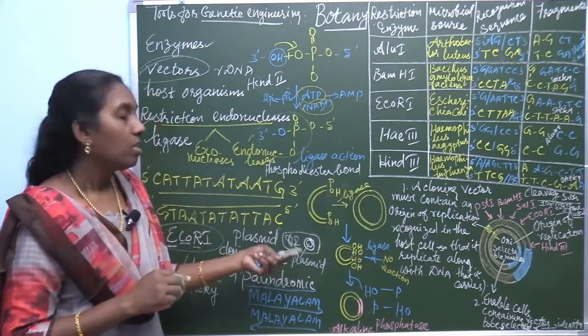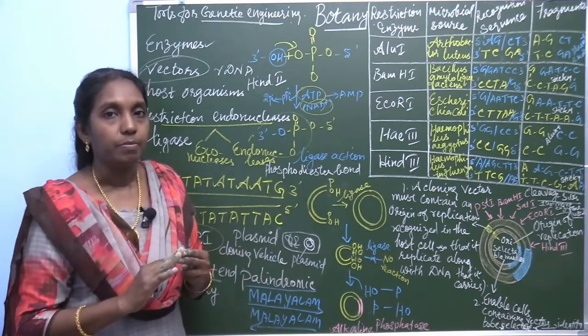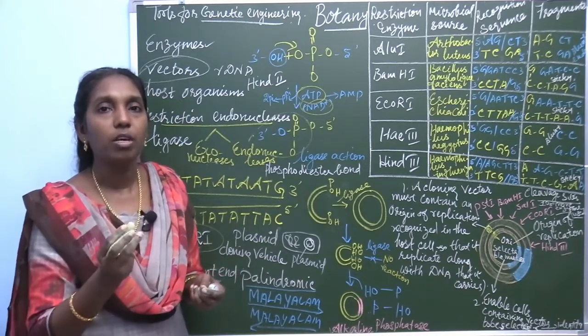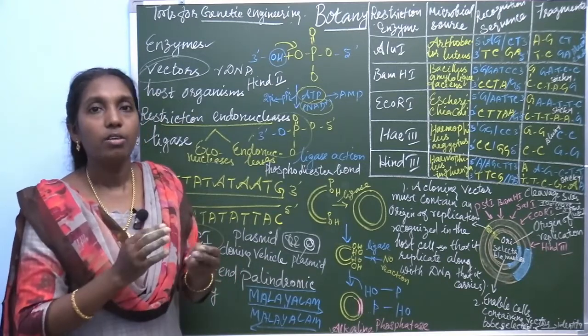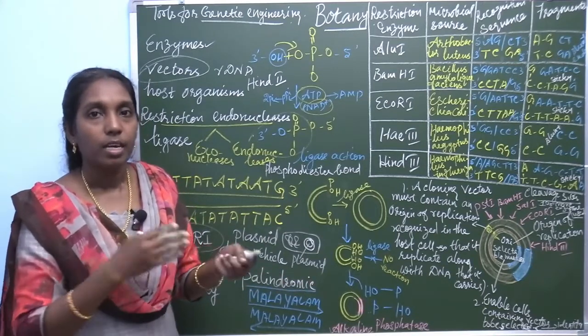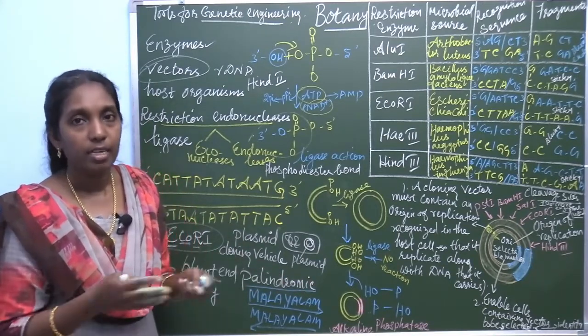And what are the other properties? It should be very small and the molecular weight is very low. Then only it can be easily transferred to the host. The process can be easily carried out.